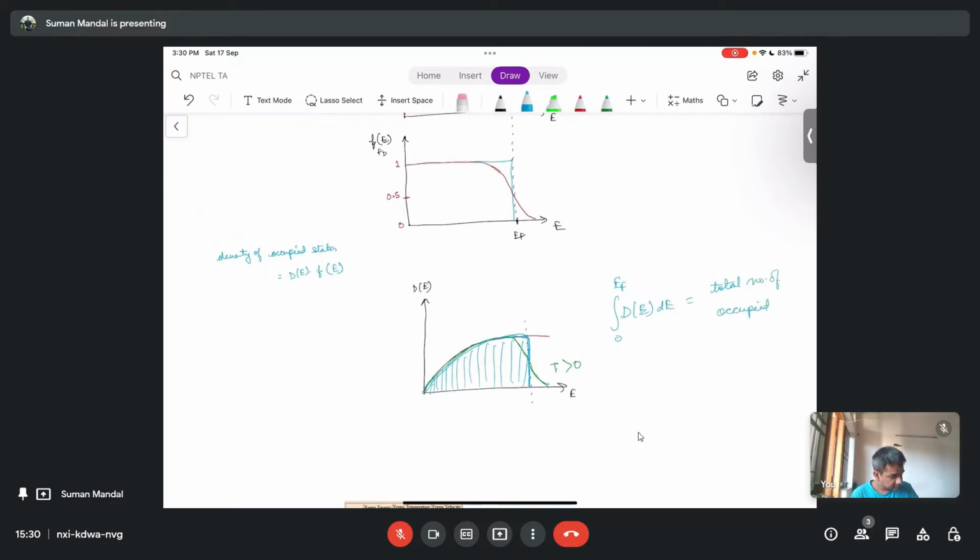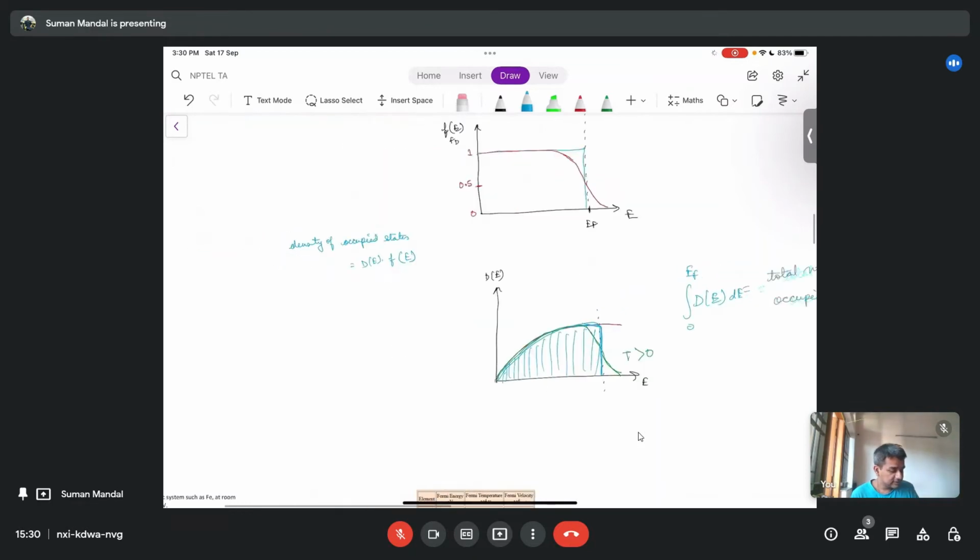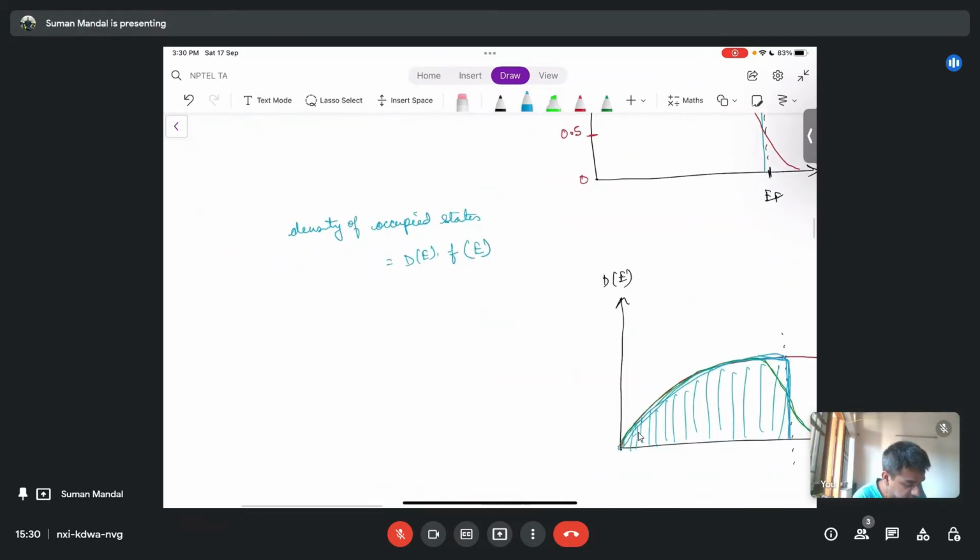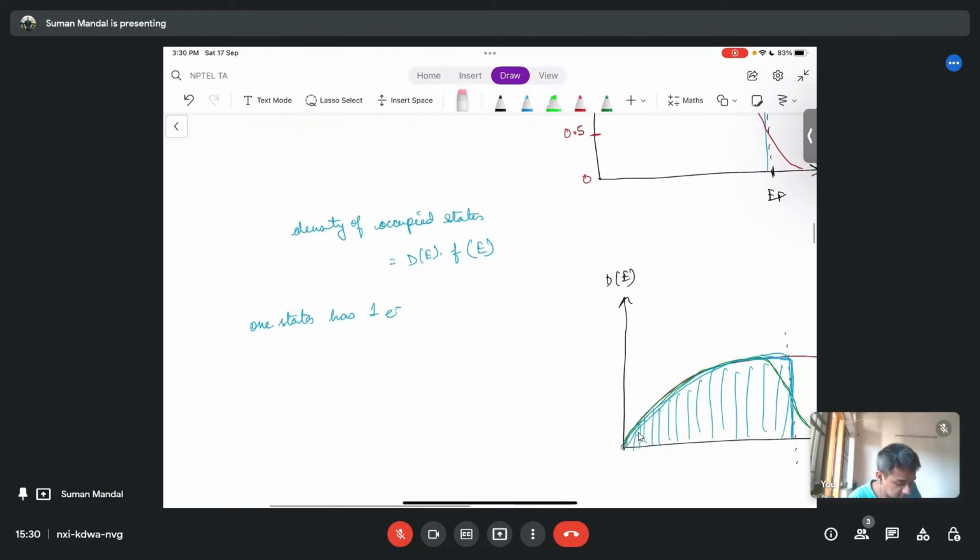And if we say that one state has one electron, for example, then you can just multiply this. Then you can find out the density of electrons, or the total number of nearly free electrons, because those determine the conductivity.